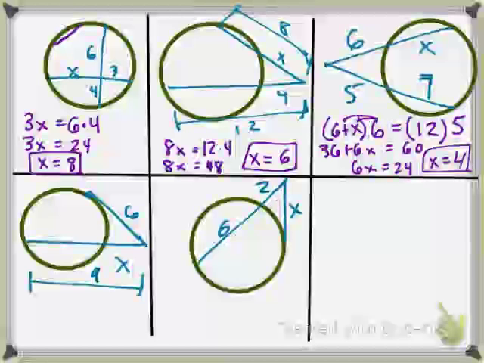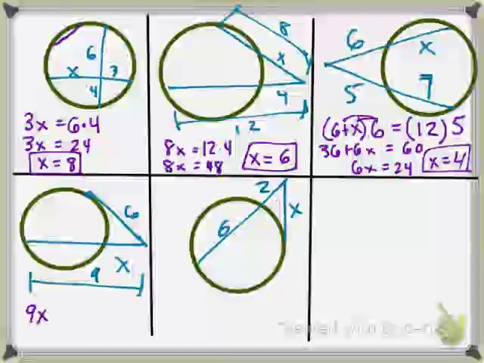Okay. For a secant, whole thing times outside. So first one on the bottom, we have a secant. What would the rule for that secant be? Nine times x. Whole thing times outside for the secant.